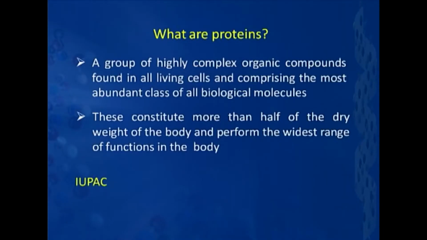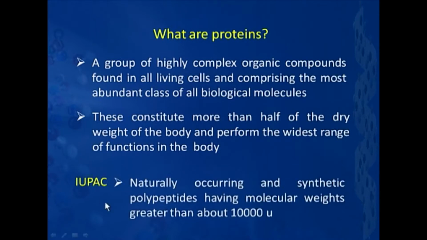Further, in terms of chemistry, according to IUPAC, proteins are defined as naturally occurring and synthetic polypeptides having a molecular weight greater than about 10,000 units, 10,000 Dalton as biochemists call it.